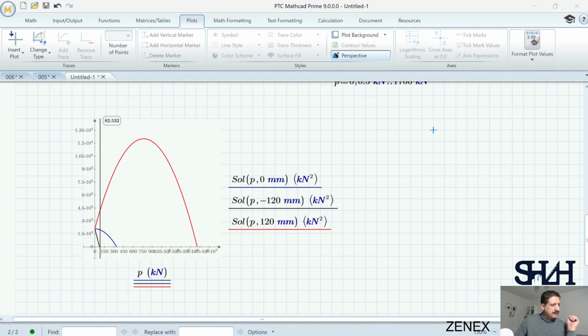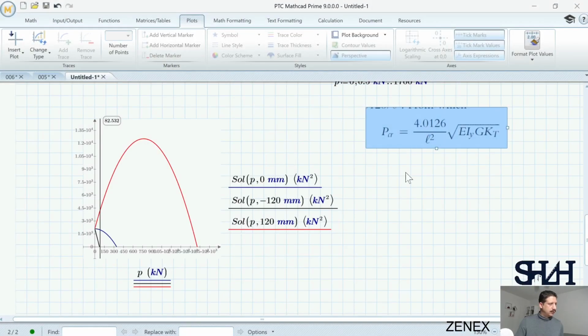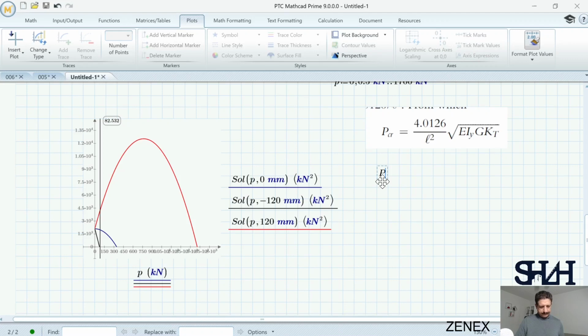Also, we have this equation from the books that have been calculated with the Bessel functions earlier by other scientists. This is from the book Stability of Structures, Shahgordi, 2011.